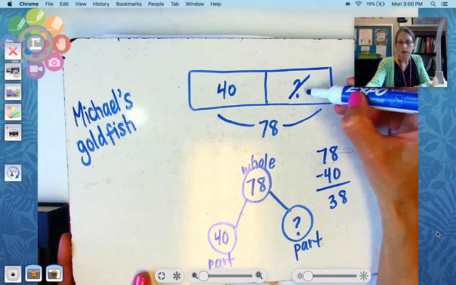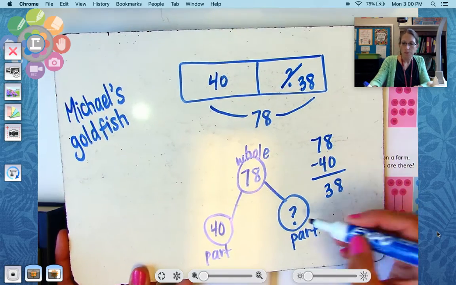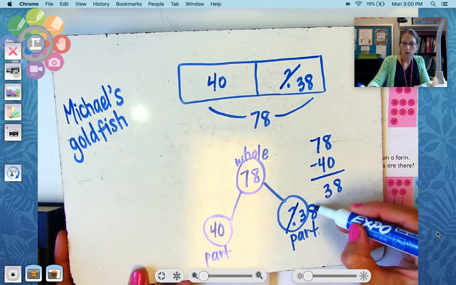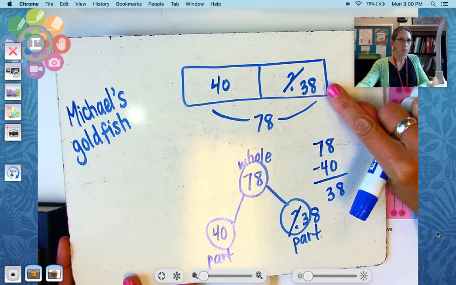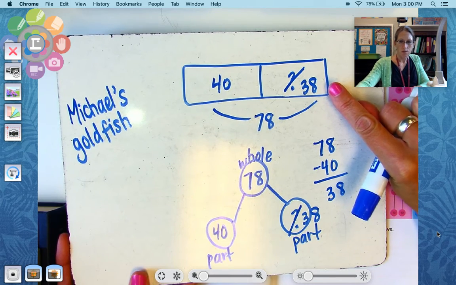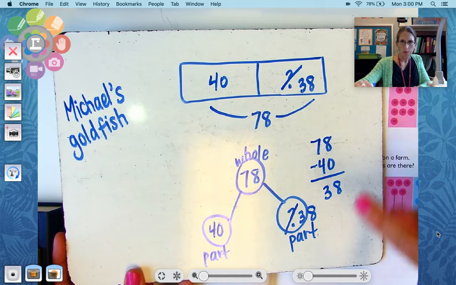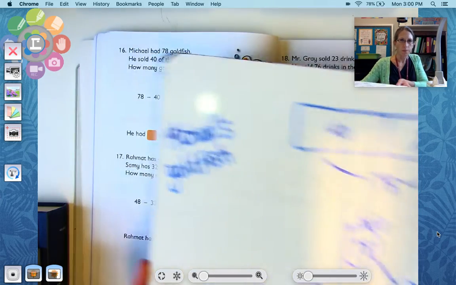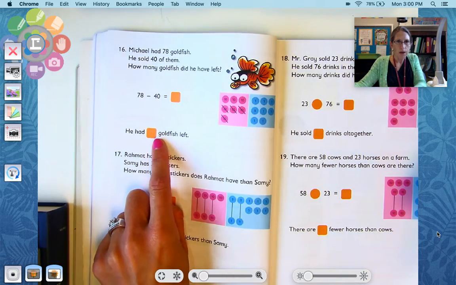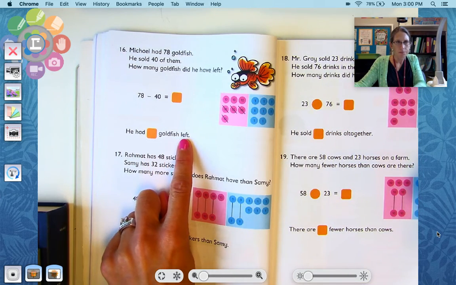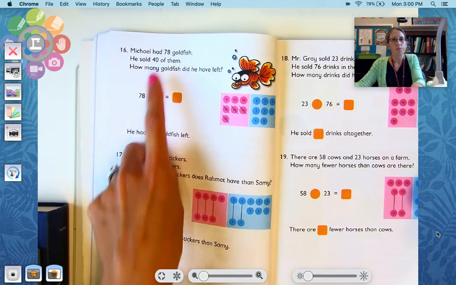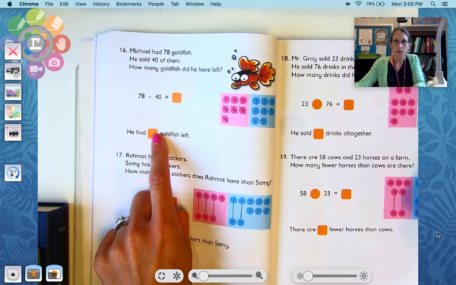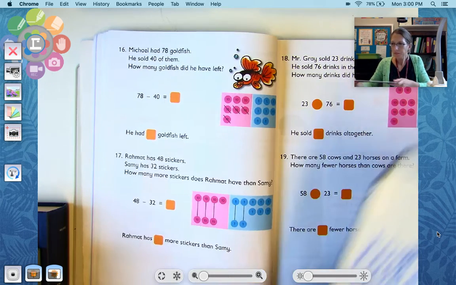And then we go back and we cross off our question mark and we take a look at, wait a second, does my answer make sense that he had 38 goldfish left? And that would look like this with our number bond or like this with our unit bar. He had 38 goldfish left. I think that would make sense because he started with 78 and then he sold 40 of them and then he had 38 left. So that's the part.